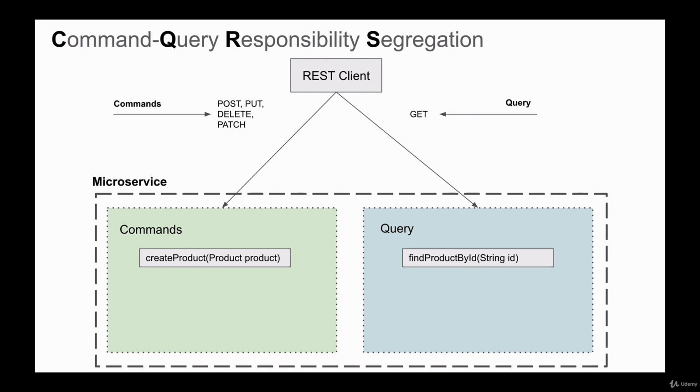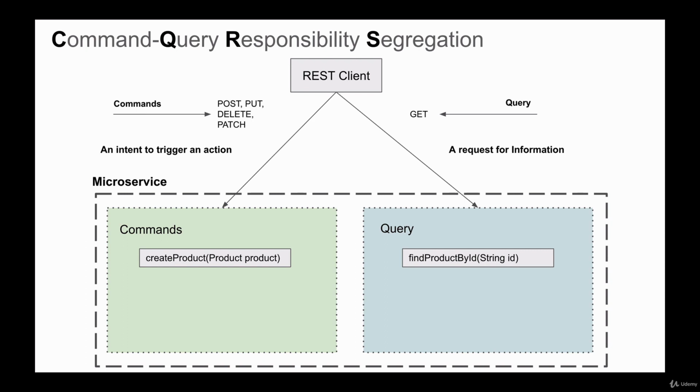And whenever your microservice needs to return some information from a database, for example, we will use a query API. So think of a command as an intent to trigger an action, for example, create a new product. And think of a query as a request for information, like for example, find product by ID. And how it technically works, you will see in detail in the following video lessons.